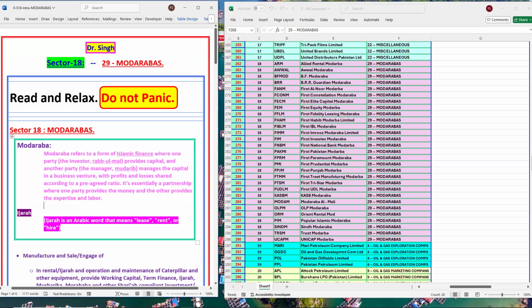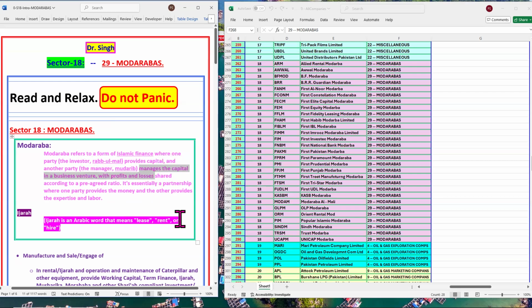And I'm going to read. Mudaraba refers to a form of Islamic finance where one party, which is the investor, which is you, so you are the investor, Rabbul Mal, provides capital, meaning you spend the money, and another party, Mudarib, the manager, manages your money.